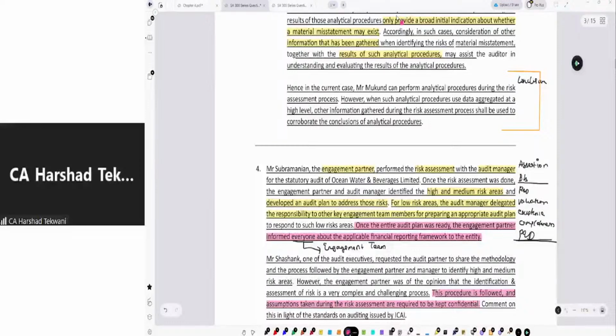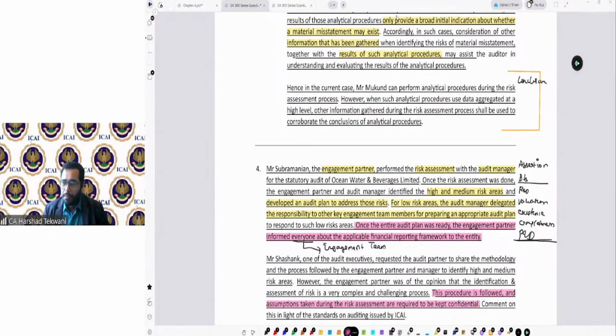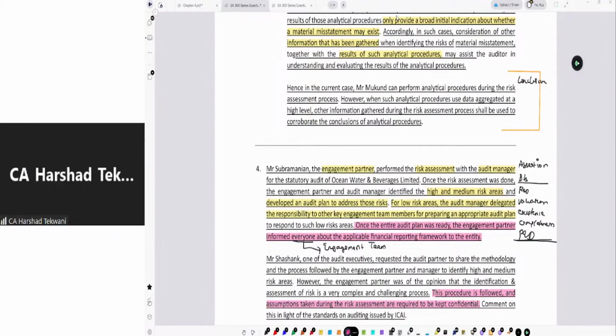Come on, guys. What problem do you feel with this line? What problem do you feel with this particular line?